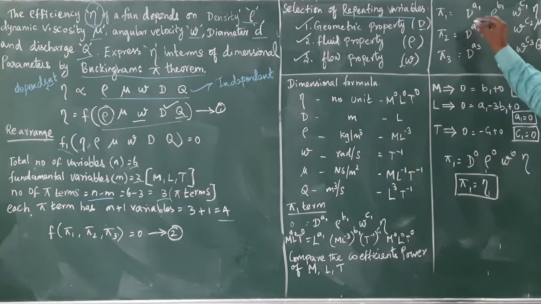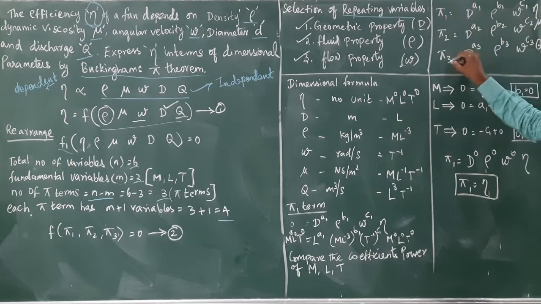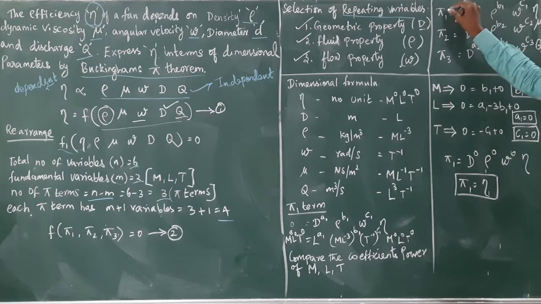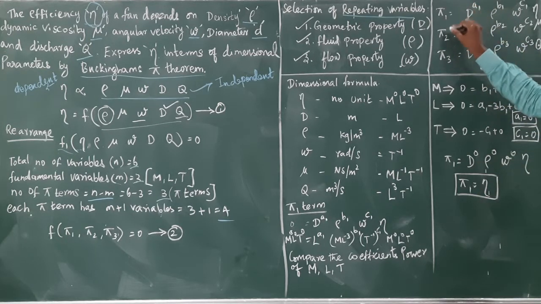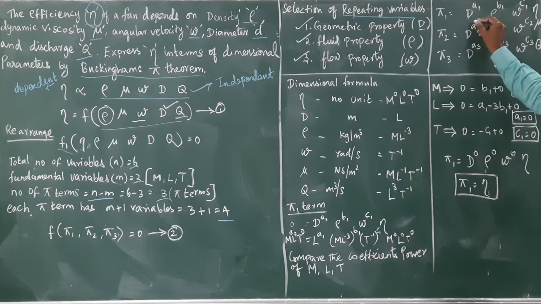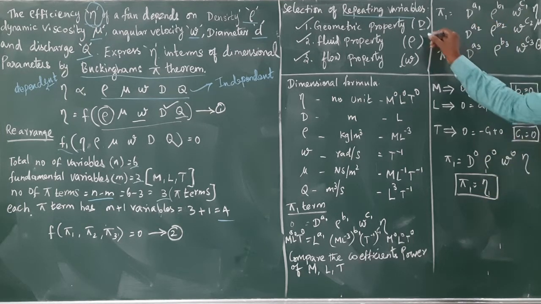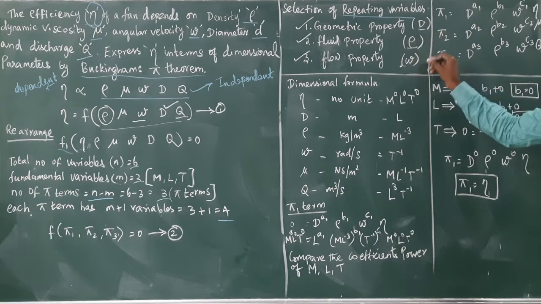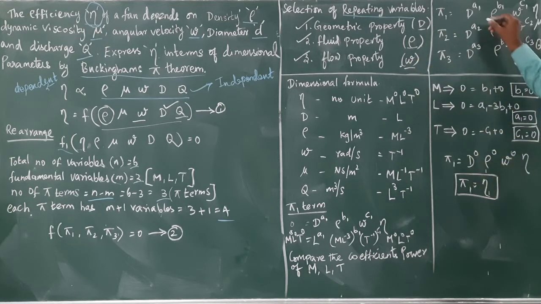See, here there are 3 pi terms. We already found out there are 3 pi terms in this problem: pi 1, pi 2 and pi 3. First I am writing the repeating variables. Repeating variables d, rho and omega. So I am writing d, rho, omega in all the 3 pi terms.